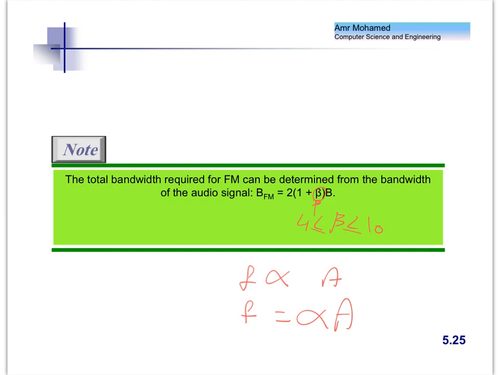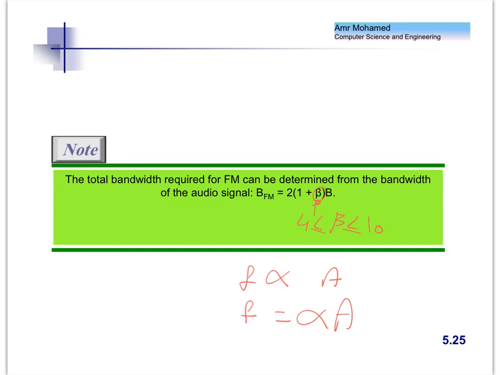Proportional, I can make it 1000. I can make each one voltage difference 1000 hertz or 1000 kilohertz. And I can make each one voltage 1 hertz difference. So it varies. And typically this beta is in the range of 4 to 10.